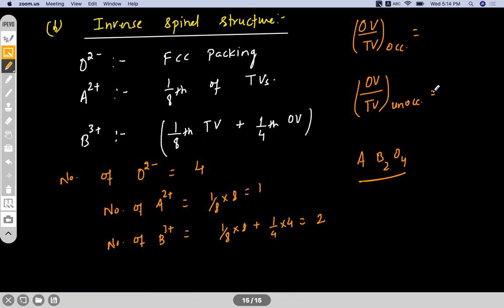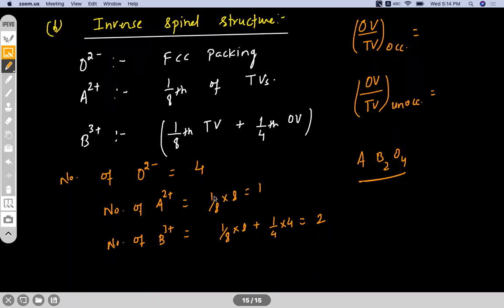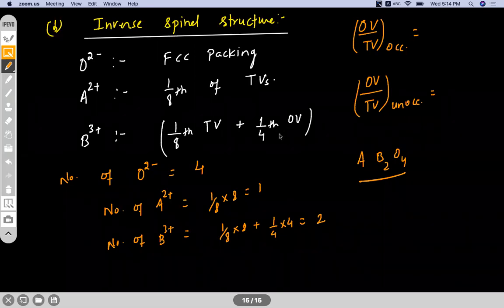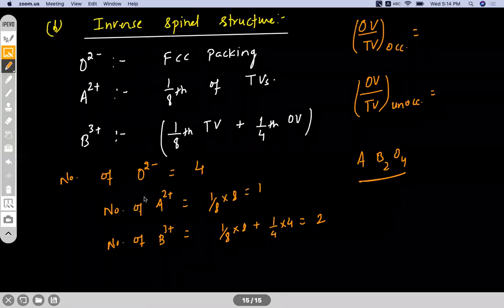Yes. What is the answer? Two in both. Yes. So number of OV occupied here is... we have only one octahedral void occupied, right? 1 by 2, no?